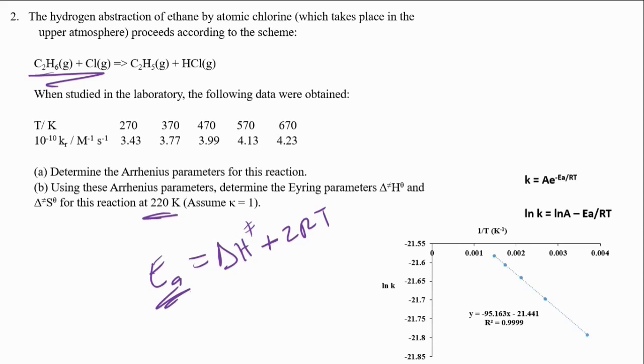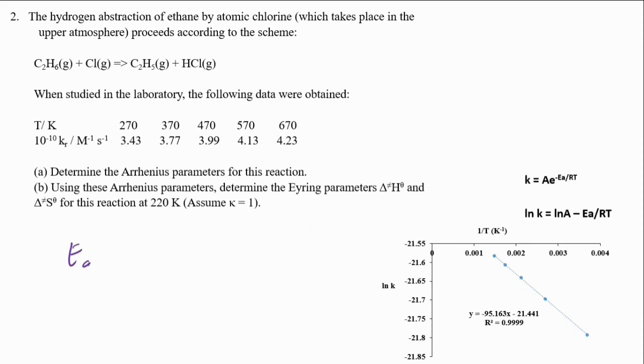So if we know what Ea is, we know what R is, it's the universal gas constant, and we were given the temperature, then to find delta H is not so tough. That's not so tough at all. Okay? So all we have to do is to plug in the values. Ea, as a matter of fact, I can start just plugging the values in then, that we discussed already.